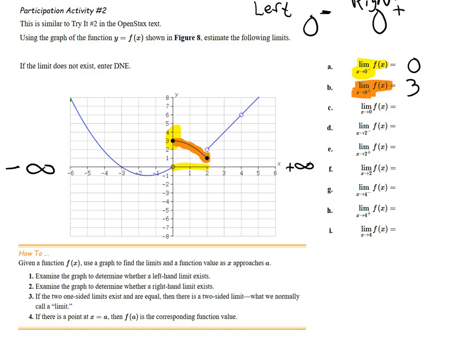From the left, remember, you're wanting the limit of f of x. That means what y coordinate is the function actually getting closer and closer to as the x coordinate gets closer and closer to 0. I'm getting closer and closer to 0 from the left, and when I actually get there, my y coordinate is 0. But from the right, when it finally gets to an x coordinate that is 0, the y coordinate is 3.